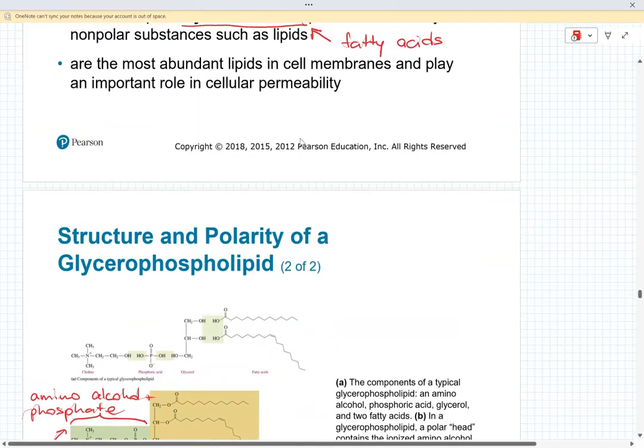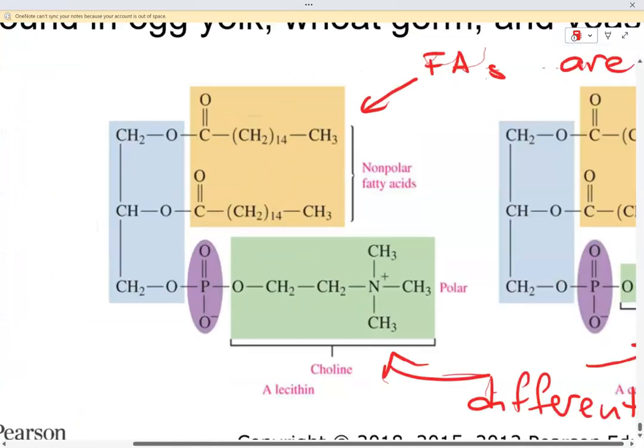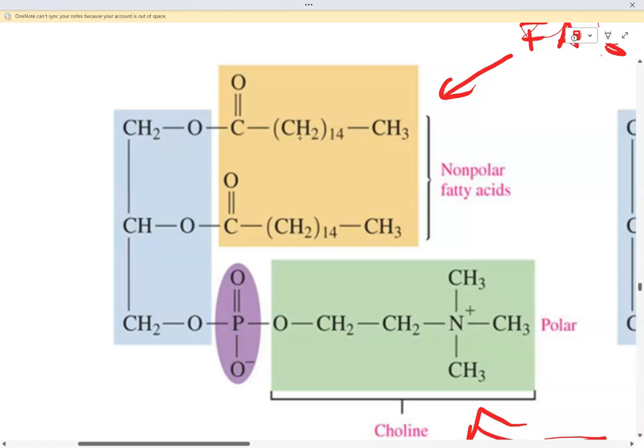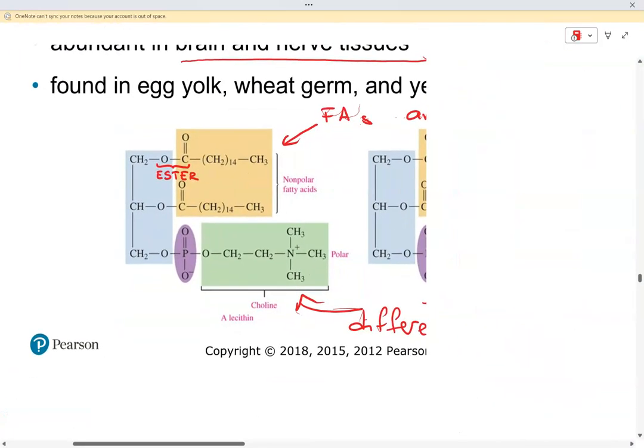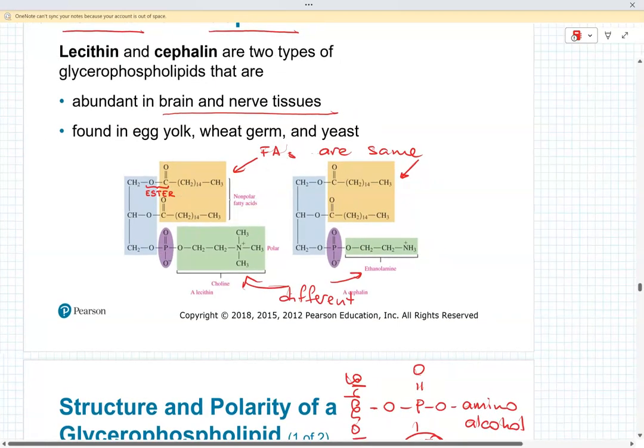Now, let me roll back to glycerophospholipids here. Yes, this part. So this bond between the glycerol and fatty acid is an ester bond. Sounds good so far?